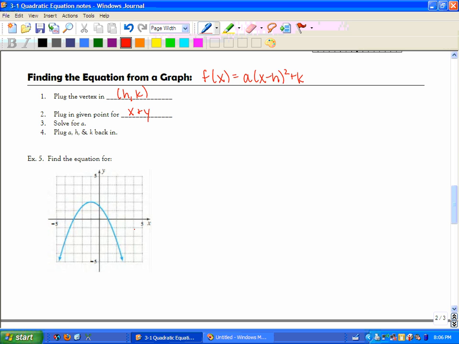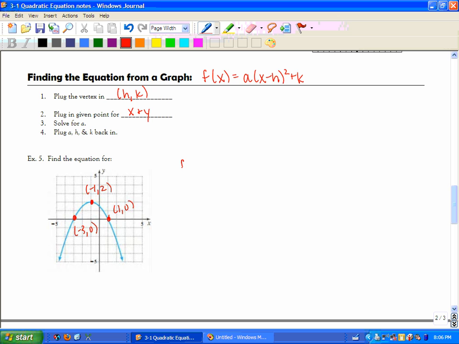So using this graph, we can see that the vertex here is at (negative 1, 2). And then some other easy points to spot. This is (1, 0). We can use the other x-intercept at (negative 3, 0).